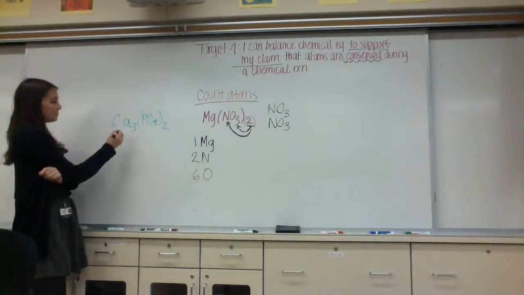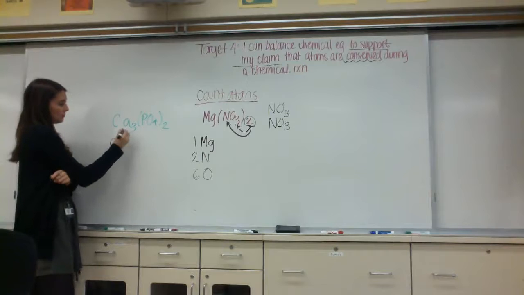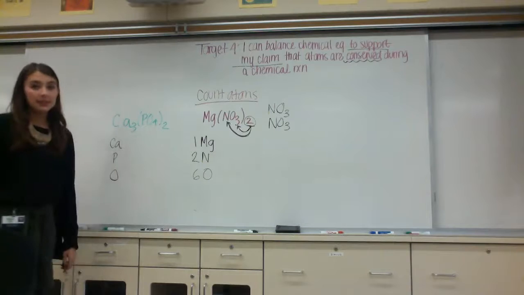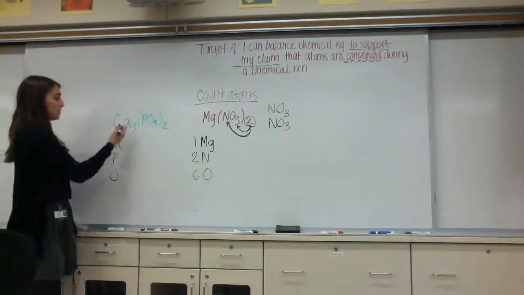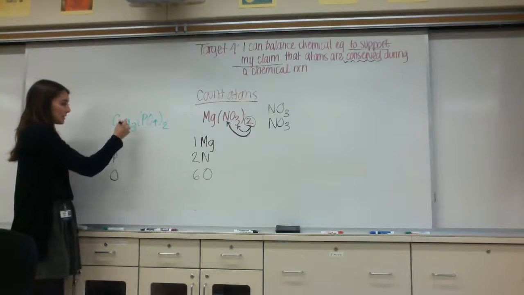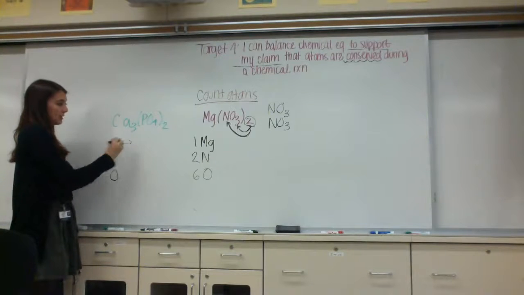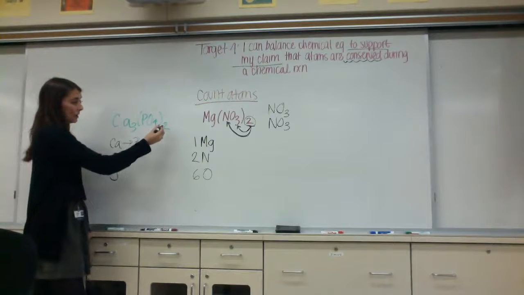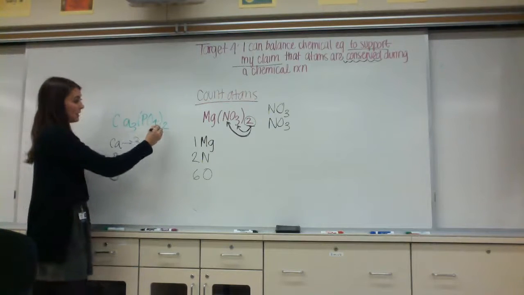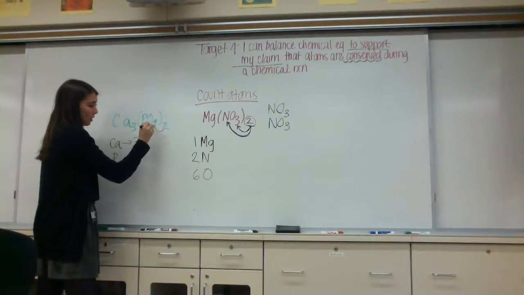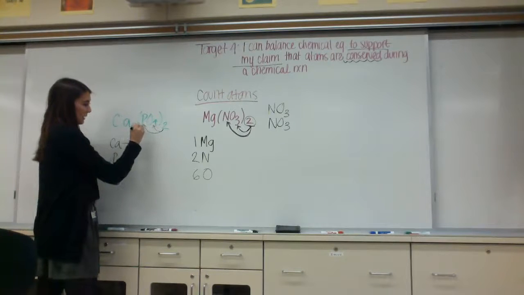So the atoms that I'm looking at are calcium, I've got phosphorus, and I've got oxygen. First thing I have to decide is where do these numbers go? I have a subscript next to calcium here, and that is only for calcium. There's a lower subscript of 3, which tells me there are 3 calcium there. Then I have this 2, and warning, it's outside of a parentheses, meaning it applies to every element within that parentheses. So this 2 applies to the O, and it also applies to the P.